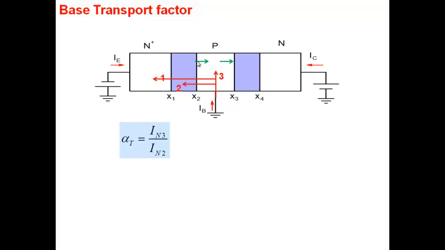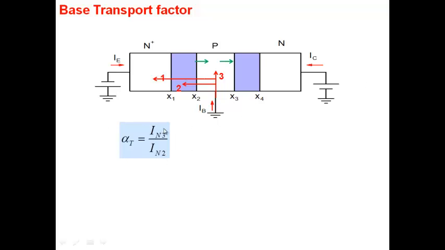You want all the electrons that are injected here to reach the collector here, right? And you don't want any injected electron to be lost in the base here, because that gives rise to collector current. You want to maximize collector current. So IN3 by IN2. IN3 is what reaches here. IN2 is what is injected here. So the ratio is what we call the base transport factor, right? How many electrons are lost in the transport process, right?